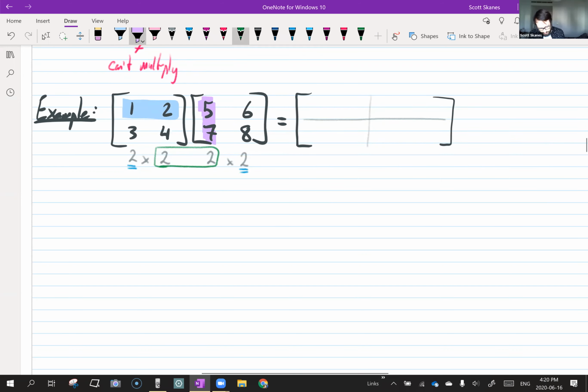You take the first element times the first element, 1 times 5, and you add the second element times the second element. Okay, this is the big idea. The 1 multiplies with the 5 and the 2 with the 7. All right, this is how it works.